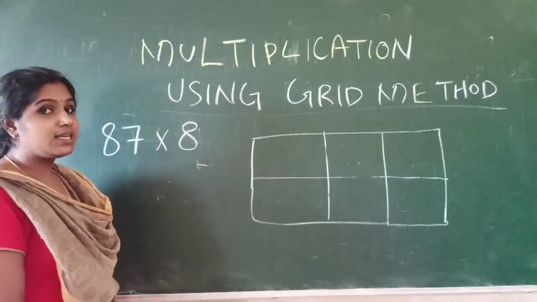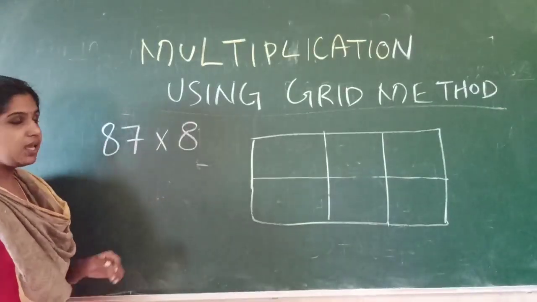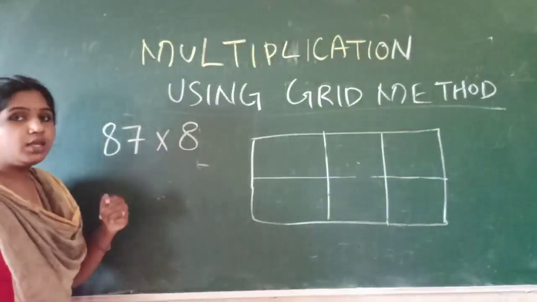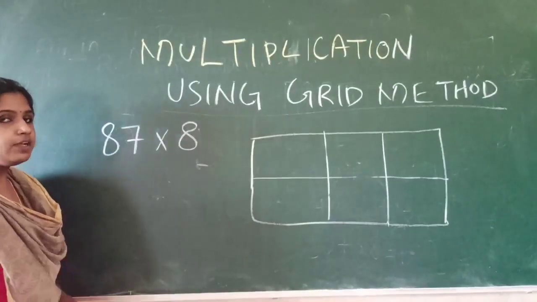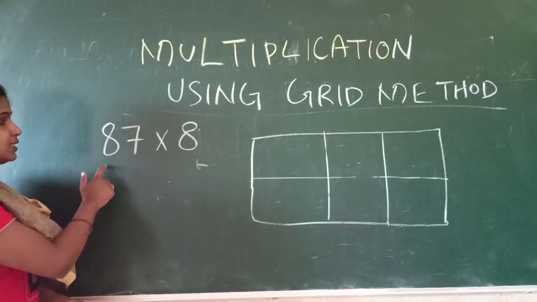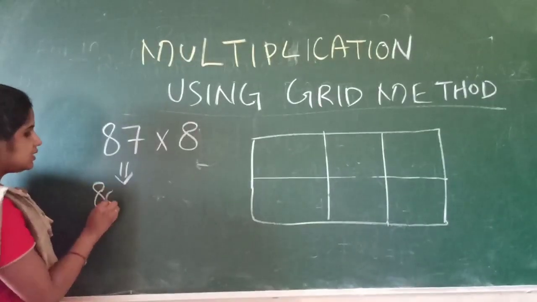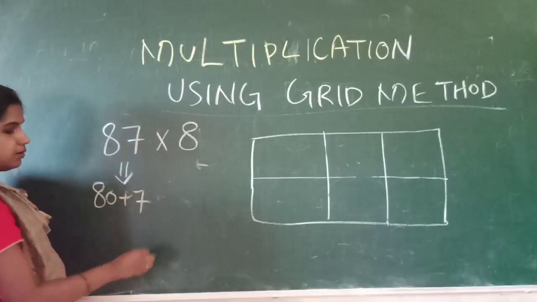So the next example is 87 into 8. So what will we do first? Yes, first we will partition this 87. So we get 80 plus 7.